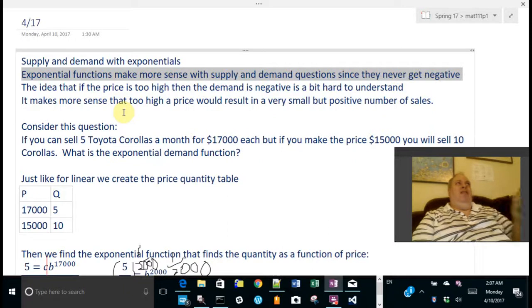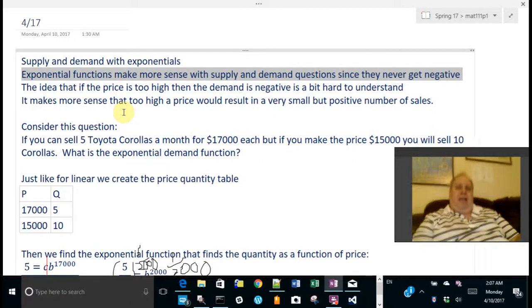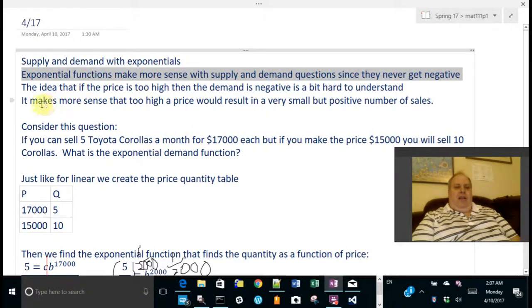But exponential functions, if the price gets too high, the amount you sell just goes towards zero. Sales become rarer and rarer. So exponential functions are actually in some ways better for supply and demand than linear.